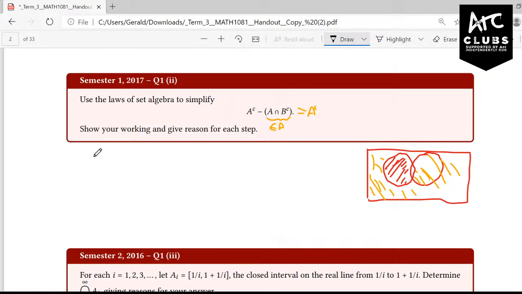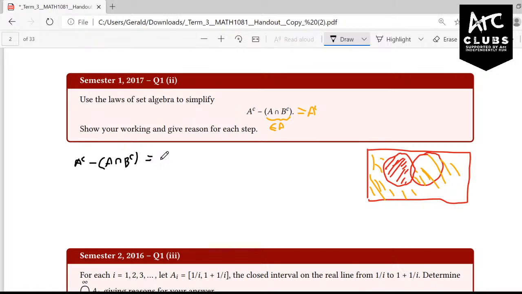Well, if we recall the definition of the set difference, it is all of the elements in the first set that are not in the second set. So the first step is to simplify this in terms of the definition of what a set difference is.